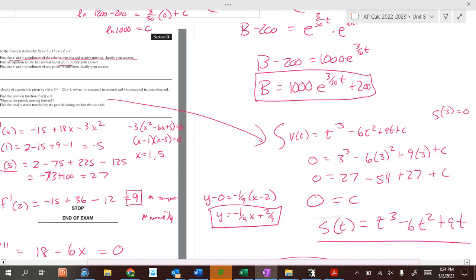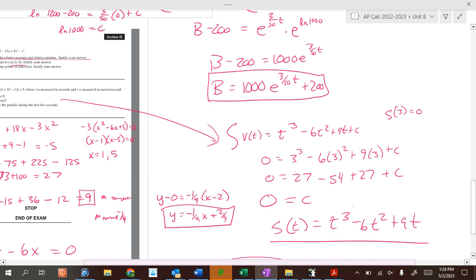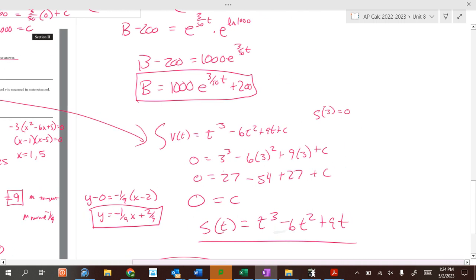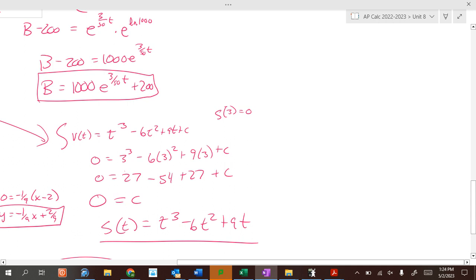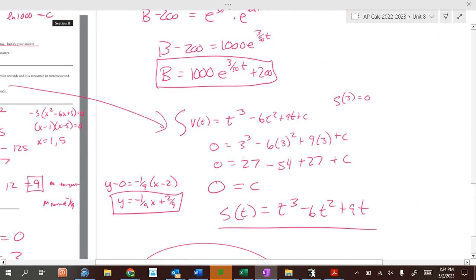That's part A. Part B, when is the particle moving forward? So when is the velocity positive? So you have to take the velocity function, which is 3t squared minus 12t plus 9.